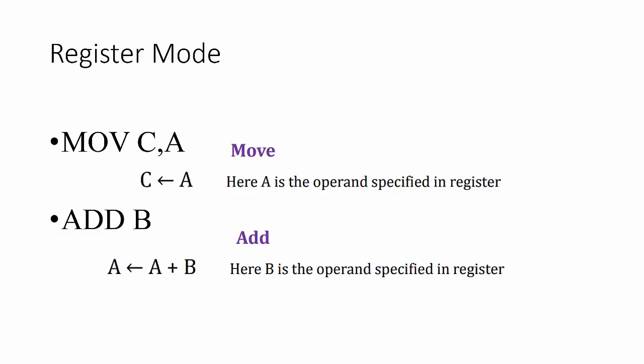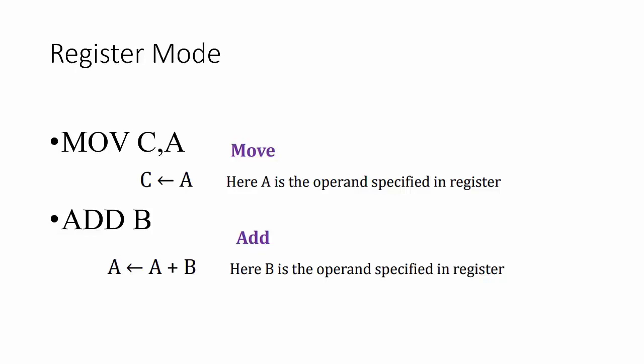The instruction shows that whatever contents are present in register A will be moved to register C. So here A is the operand specified in the register. It means that A contains the operand, and A is the name of the register.